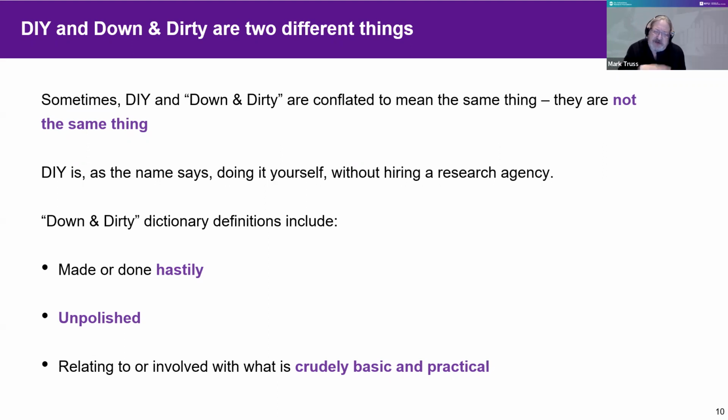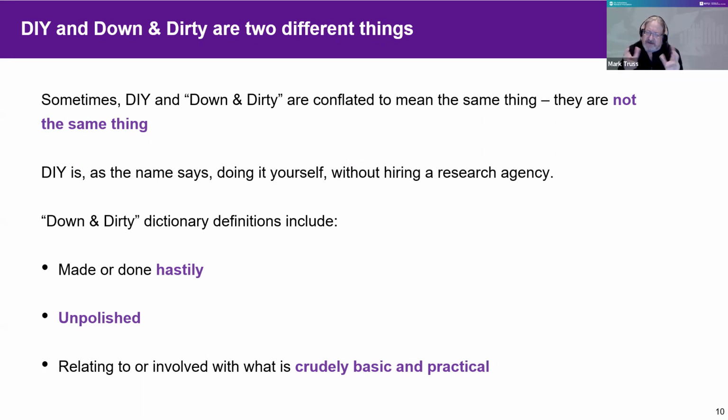Whereas down and dirty is a little different. But usually on the client side, you're not going to see a lot of down and dirty research. There'll be some. At a vendor, you're not going to see a lot of it. But down and dirty, the dictionary defines it as made or done hastily, unpolished, relating to or involved with what is crudely basic and practical.